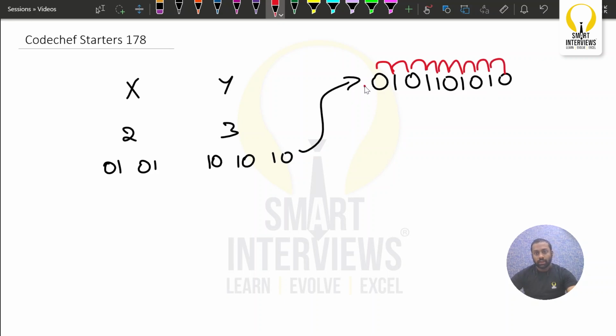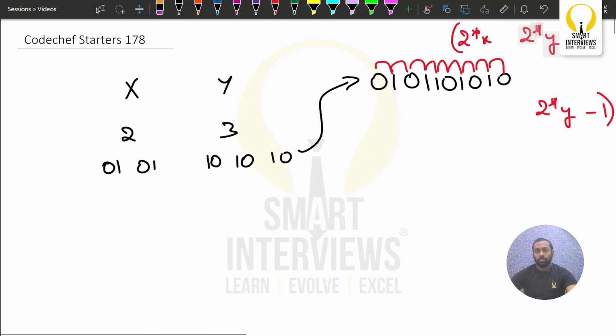Can I say that it is the number of characters minus 1? The number of characters is 2 times x plus 2 times y, because for x type strings there are 2 characters each, and for y type strings there are 2 characters each, minus 1. This is one thing that we have understood: that is the number of pairs. Now coming to the number of valid pairs.